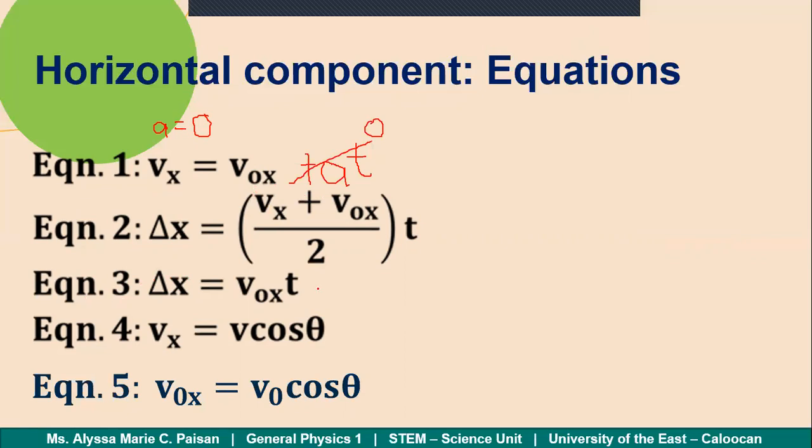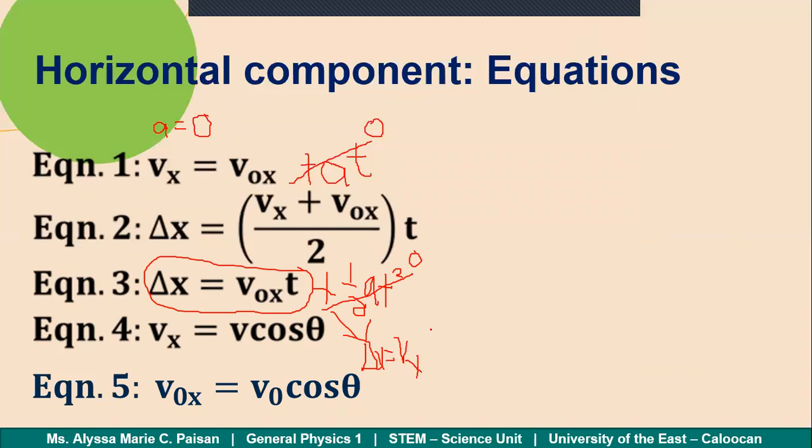And then another one for equation number 3, ito, meron pa to dapat na 1/2 a t squared. Now again, since a is 0, ayan, we are left with this equation. And this equation can be rewritten as delta x is equal to V sub x times t. Pareho lang yan.